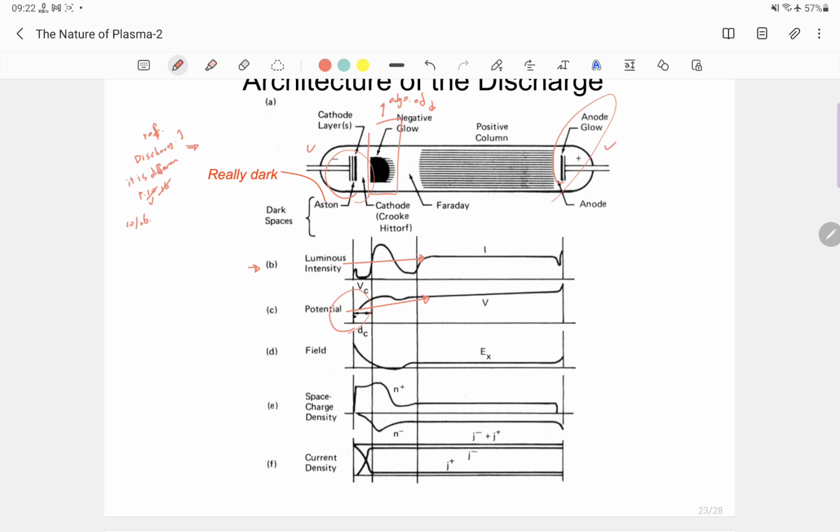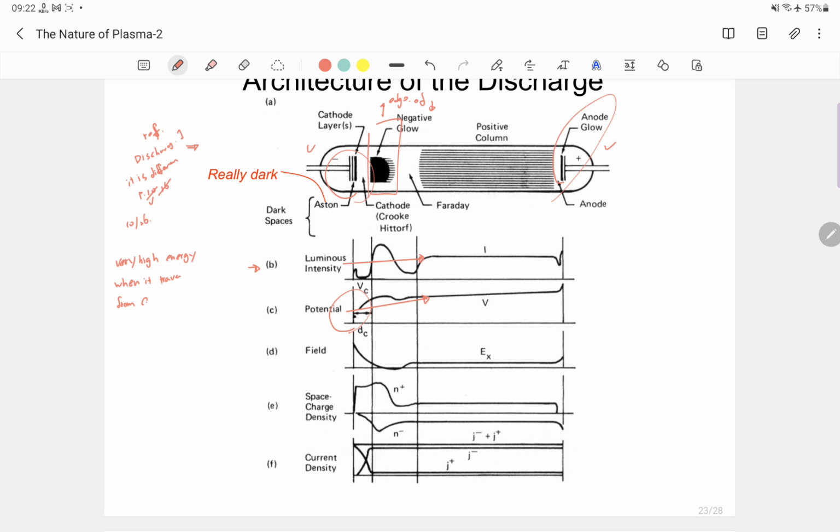Okay. So the cation will obtain very high energy when it travels across the cathode layer region and then strike the cathode surface. When the ions strike the cathode surface, they can knock out electrons. Right. This is called ion bombardment. Electrons are generated by ion bombardment.